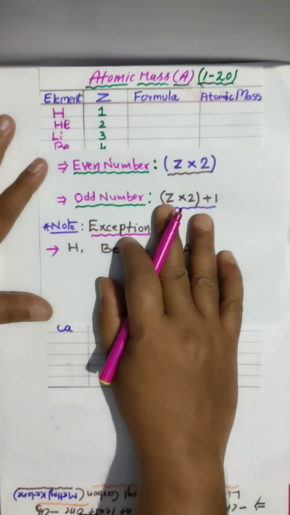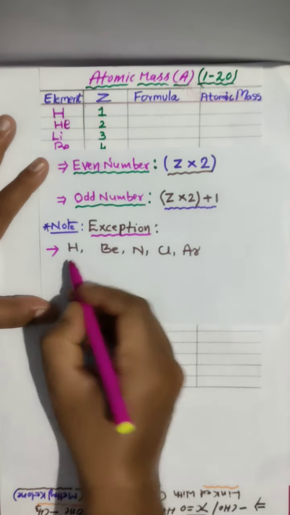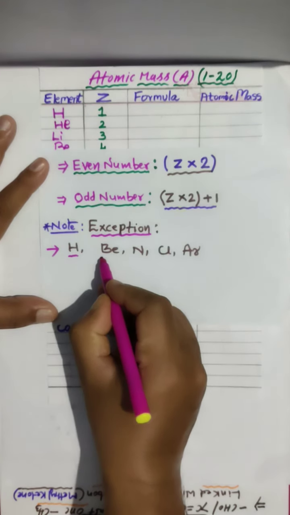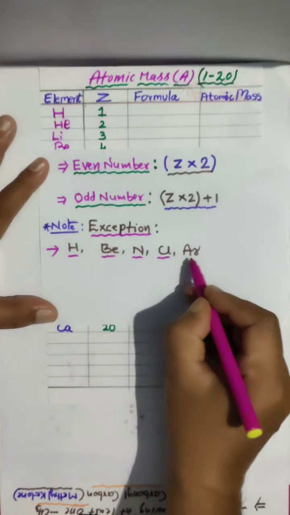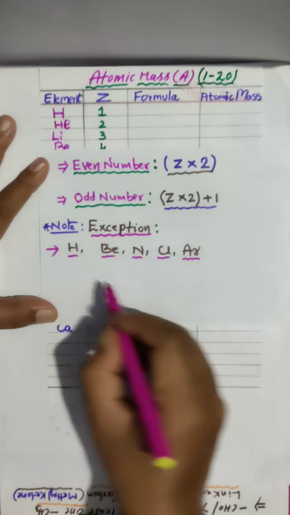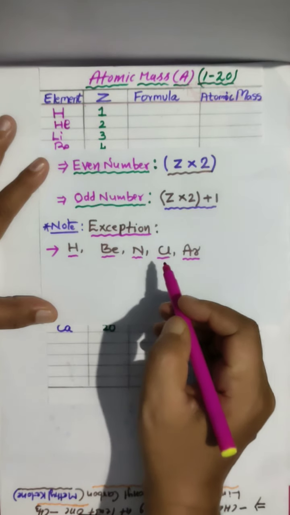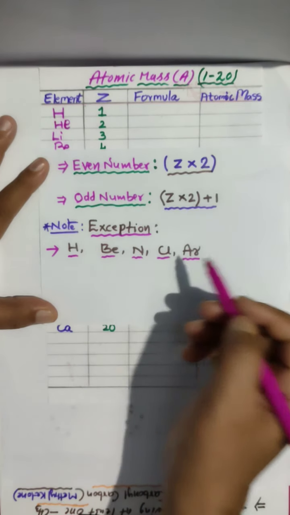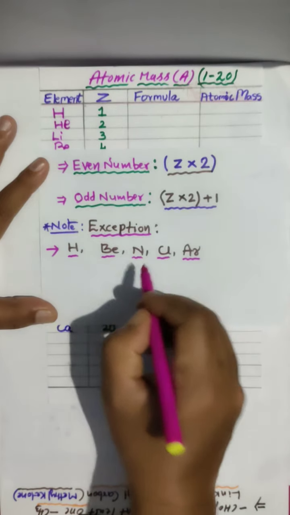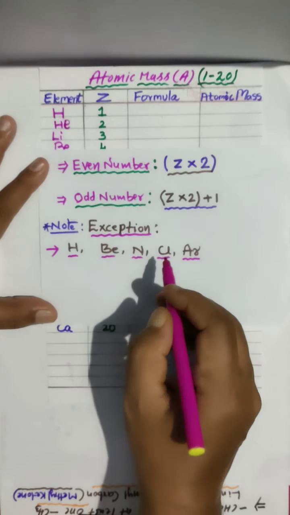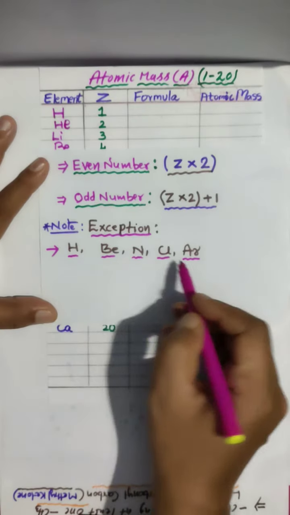Some exceptions we have. That is hydrogen, beryllium, nitrogen, chlorine, argon. These are the 5 exceptions. Why only these? When scientists discovered the elements based on their properties, some exceptional cases arose, and accordingly we are giving the exceptions also.